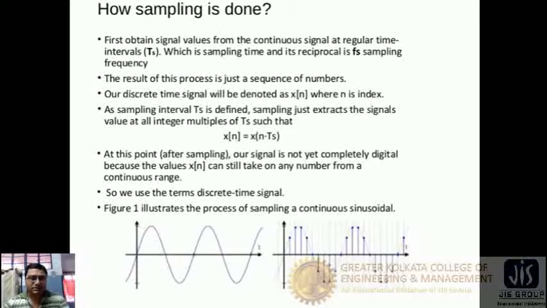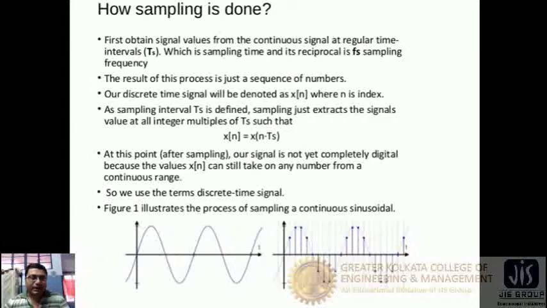Our discrete time signal will be denoted as x[n], where n is the index, and as the sampling interval Ts is defined, sampling just extracts the signal's value at all integer multiples of Ts such that x[n] equals x(n Ts).